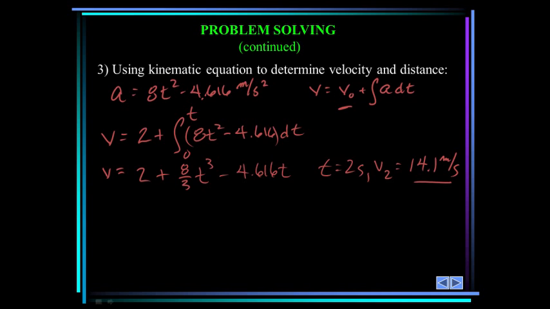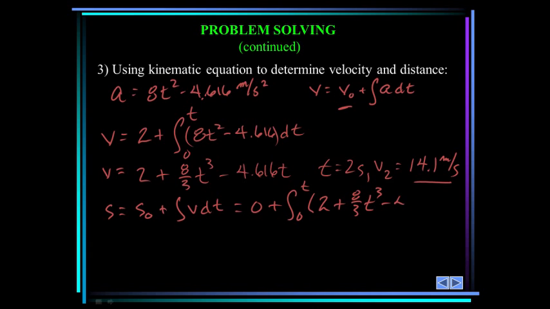Now we have an equation for velocity as a function of time, so we integrate that to get the distance. The distance is the initial distance plus the integral of v dt. The initial distance is 0, and we'll integrate from 0 to t the velocity equation, which is 2 plus 8 thirds t cubed minus 4.616 t, dt.